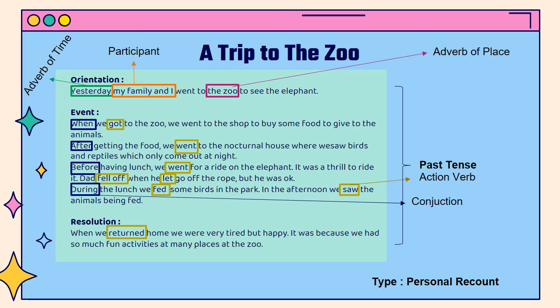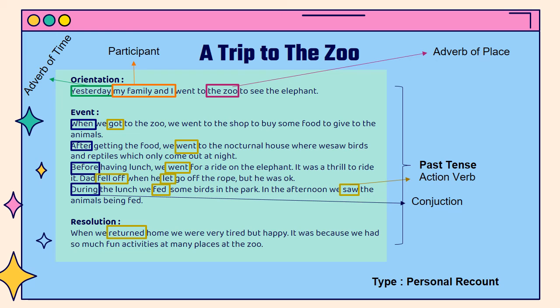In this text, we know that line 1 is orientation, lines 2, 3, 4, and 5 are events, and line 6 is resolution. And then in this text, we can see language features like adverb of time. In this text it is yesterday.